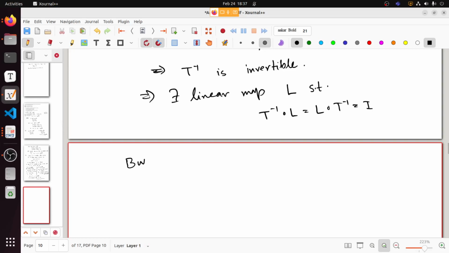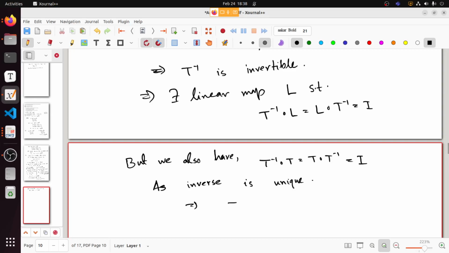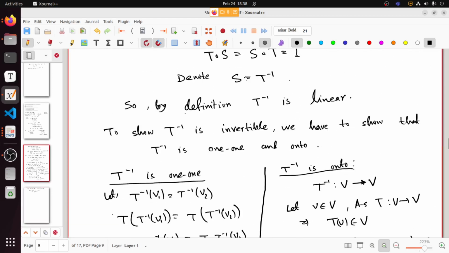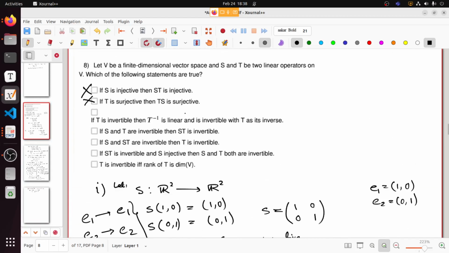But we also have T inverse compose T equals T compose T inverse is identity, and as the inverse is unique, L must be T. Which implies the inverse of T inverse will be T. So we have proved that T inverse is invertible and the inverse of T inverse is T.